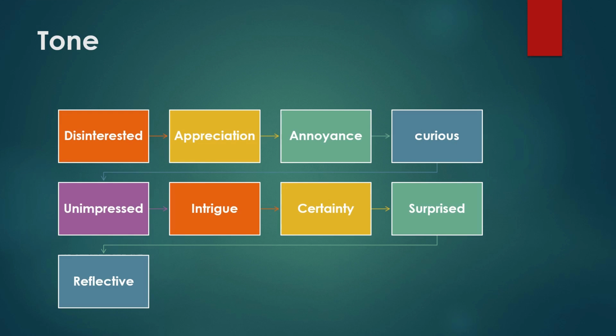Okay, then we see the tone being changed to appreciation, right? Having witnessed that the orchid actually survived being watered once, the person has come to appreciate the orchid more.